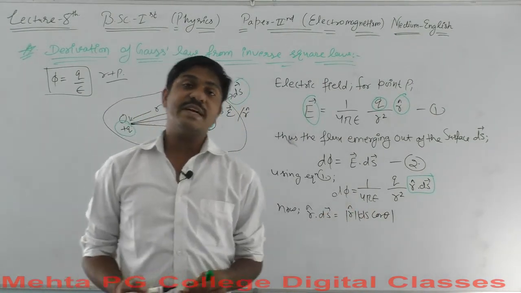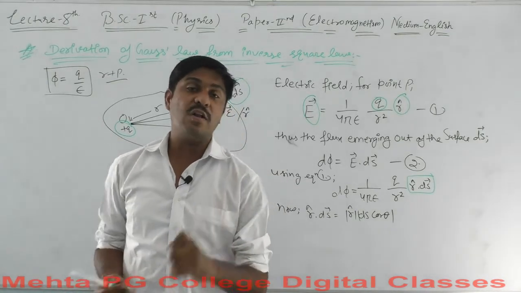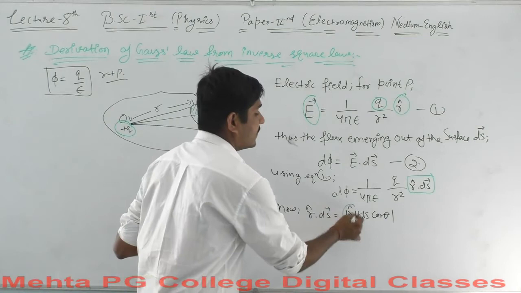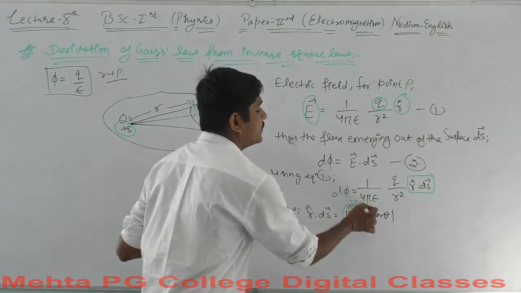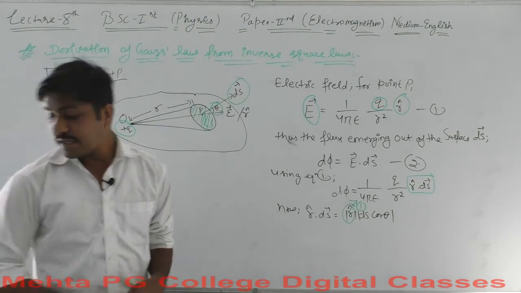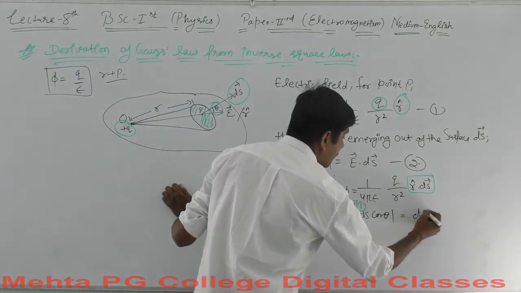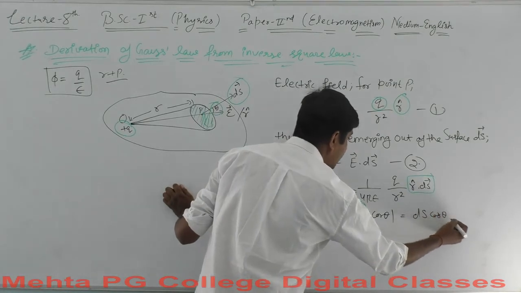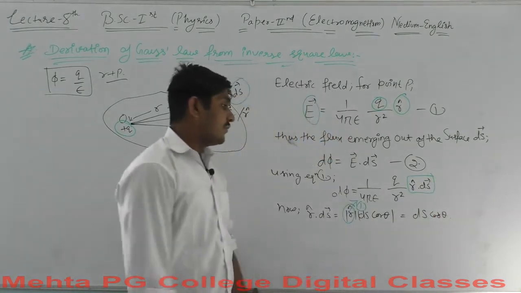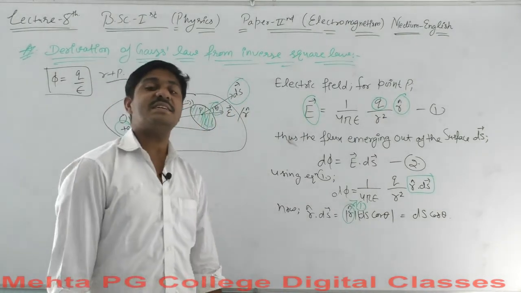Since it is a unit vector, its magnitude will always be 1. So r cap dot ds vector will become only ds cos of theta. We will use this result over there, but we have to specify something here.